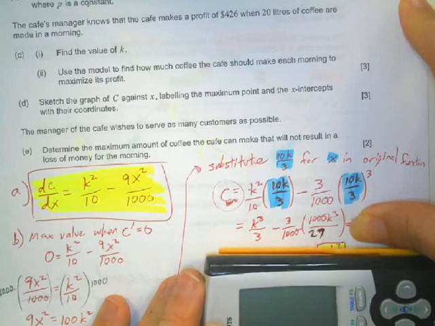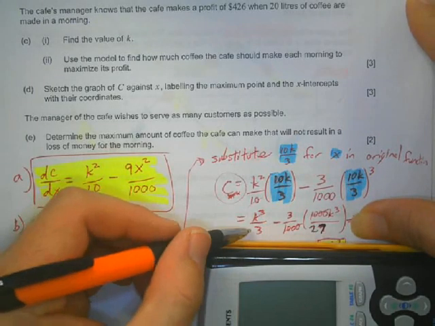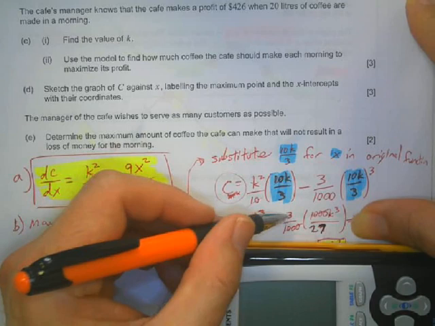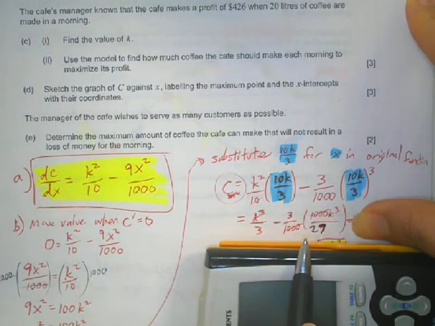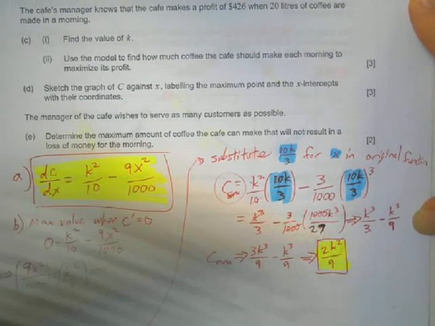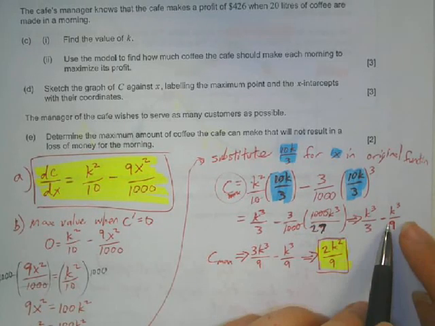Okay, and then so we've got k cubed over 3 minus 3k cubed over 27. So this second fraction here simplifies to k cubed over 9.